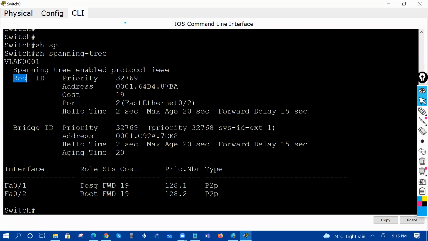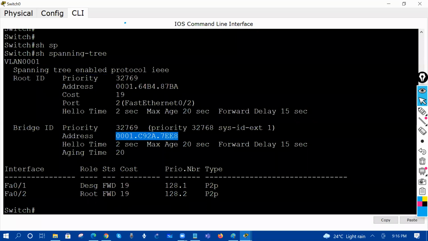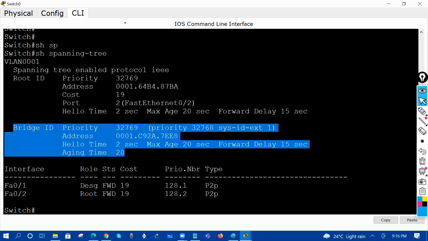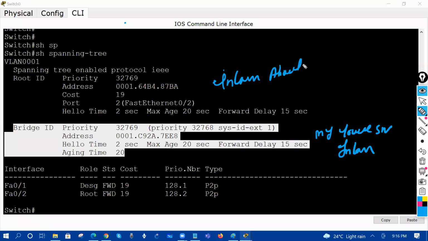That's the root bridge information, and this is my own information. You can see the MAC address is different. So bridge ID means my own local bridge information, and this is the information about the root bridge.